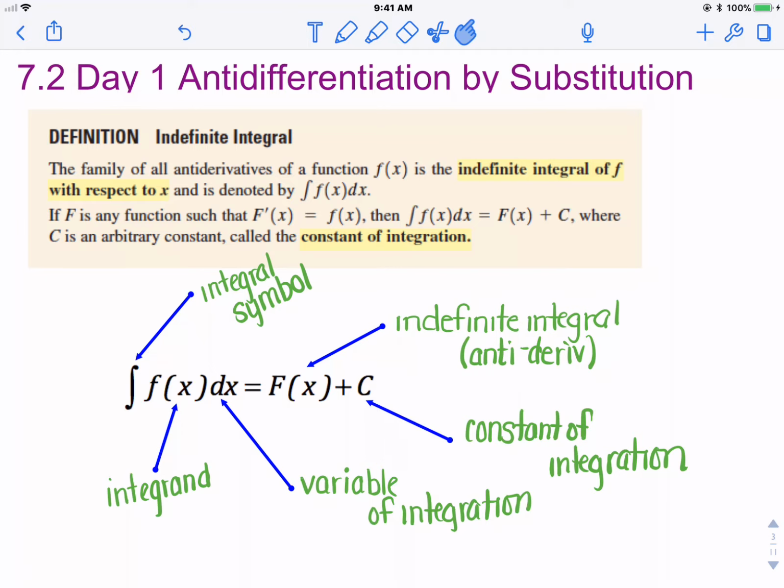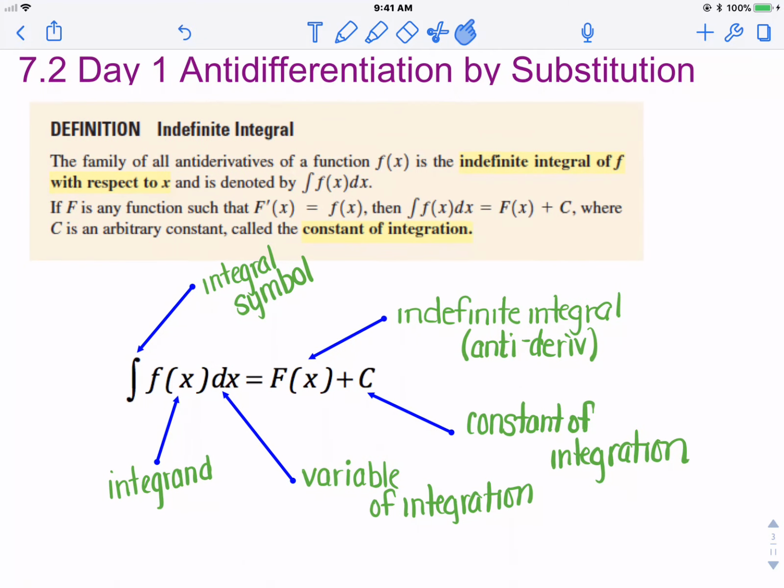So in 7-2, we're going to be working on how to handle chain rule when we're looking at antiderivatives. So some basic general stuff to get started, just making sure we know what to call each of the different parts of an indefinite integral. When we're calculating an indefinite integral or evaluating it, we need several things in here. We need an integration symbol to start. We need our integrand, what function are we actually taking the integral of?